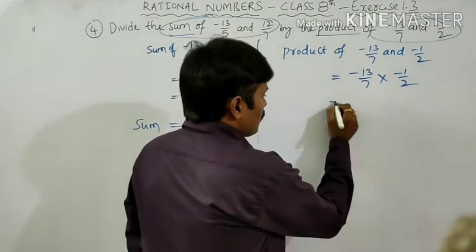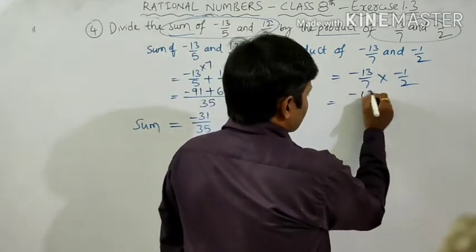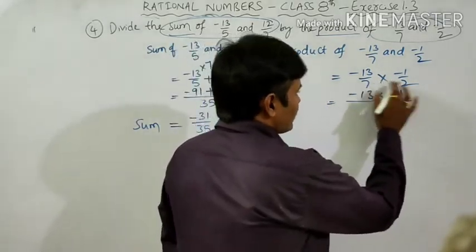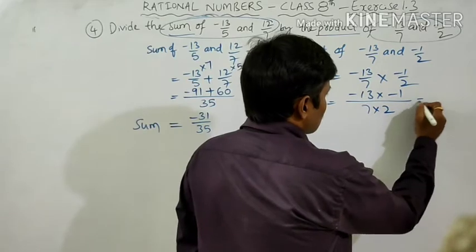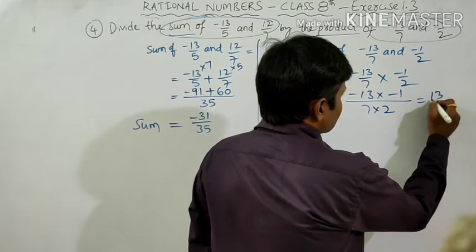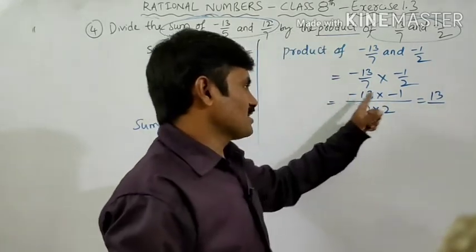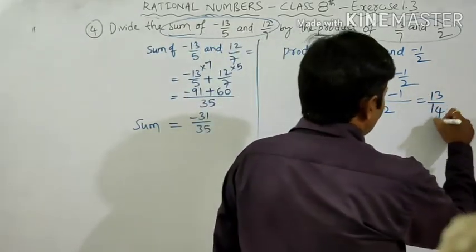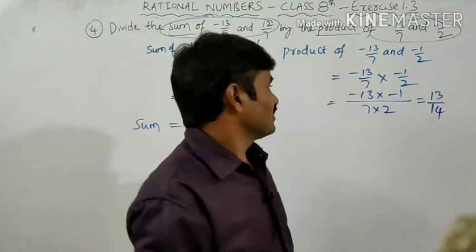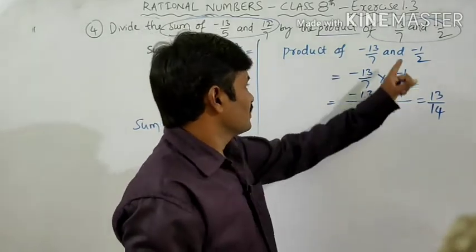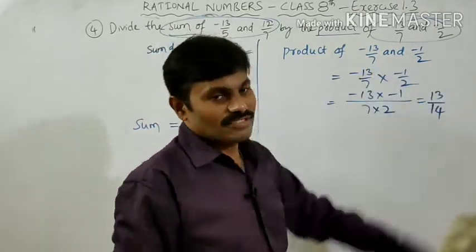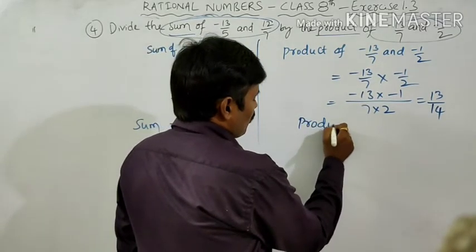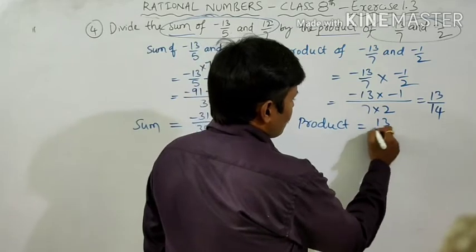So minus 13 into minus 1 by 7 into 2. That gives us plus 13, since minus into minus is plus, 13 1s are 13. So 13 by 7 2s are 14, 13 by 14. The product of these two rational numbers is 13 by 14.